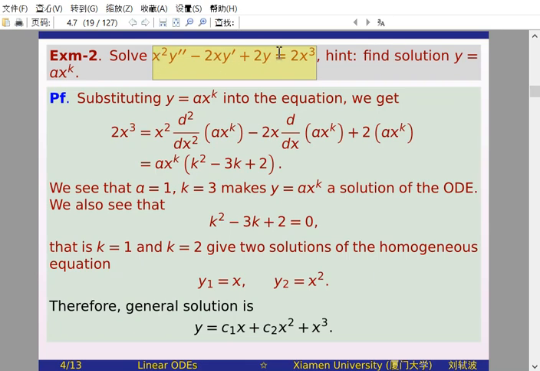So this is a special form of Euler equation. Euler equations are always solvable. It can be transformed into a linear second order equation which has constant coefficients. We will have an example later. The Euler equation is a problem in a section of our textbook. Okay.